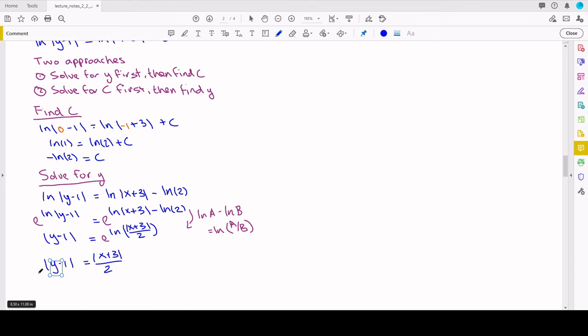So now, how do I get rid of the absolute value symbols here? Well, now I know that y minus 1 has to equal plus or minus the absolute value of x plus 3 times 1/2. I'll just put that divided by 2 as a factor 1/2 in front.